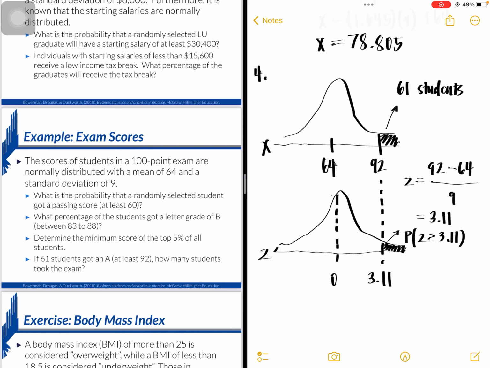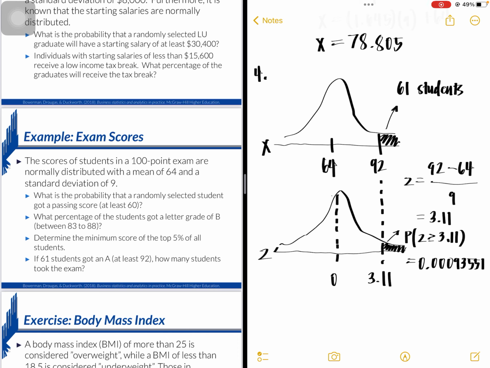Here I'll go straight to the R function in the calculator, and the probability to the right of 3.11 is a very small probability, which is 0.000935 51, according to the calculator.